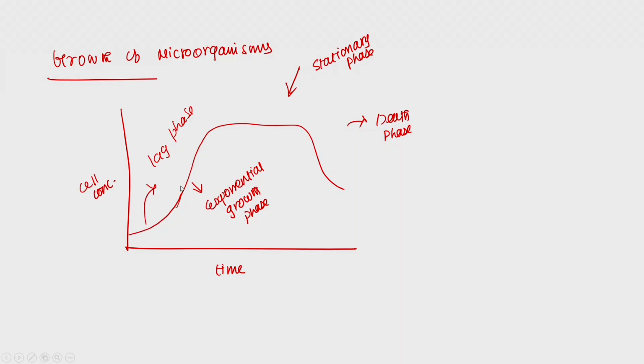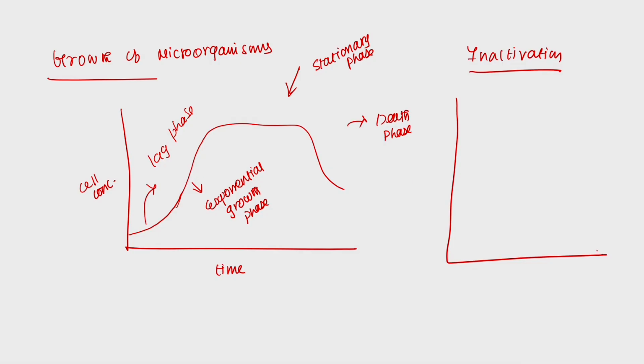Okay. So, here we are talking about inactivation, right. I already told you inactivation can be done in many ways. For example, this is my cell concentration, and this is over time. If I am applying some bactericidal compound, how does it behave, right?